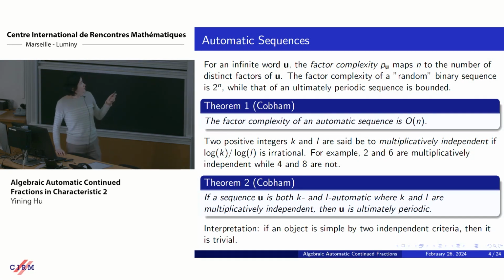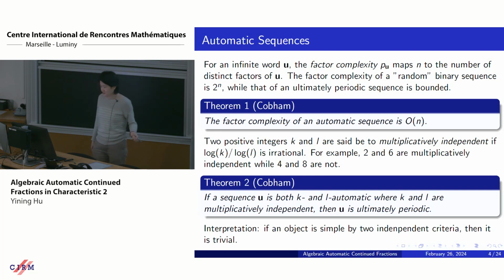So the theorem of Cobham says that the factor complexity of an automatic sequence is big O of n. This is just a little more complex than the most simple sequence, that is, ultimately periodic sequence.